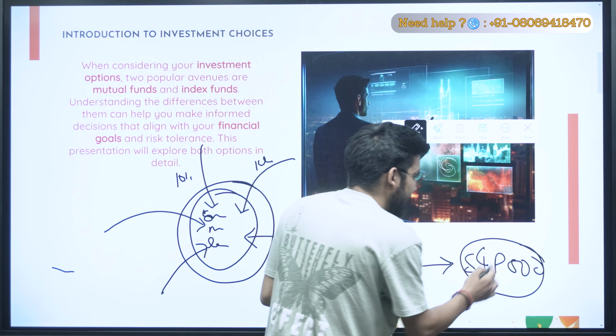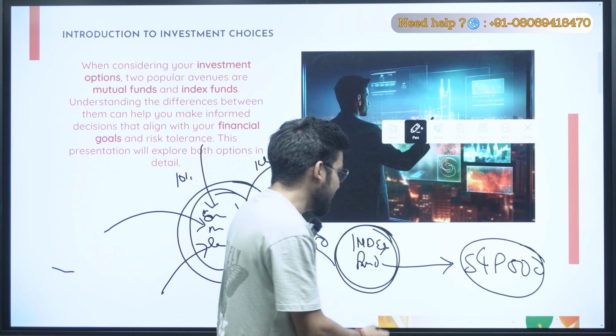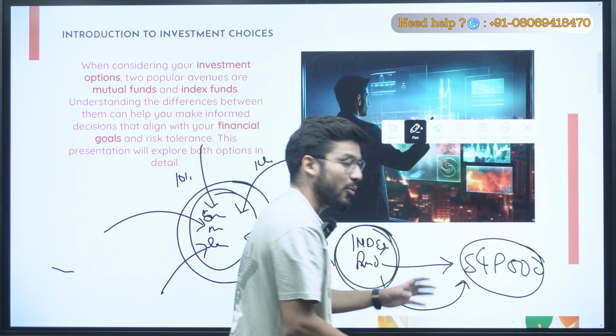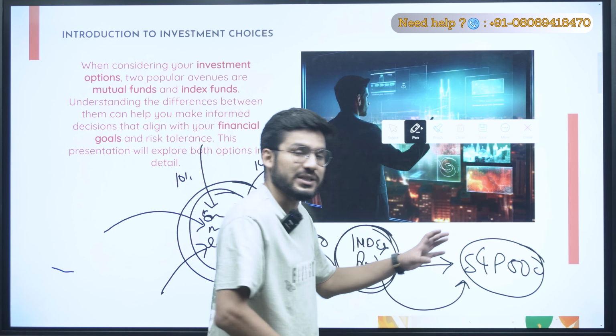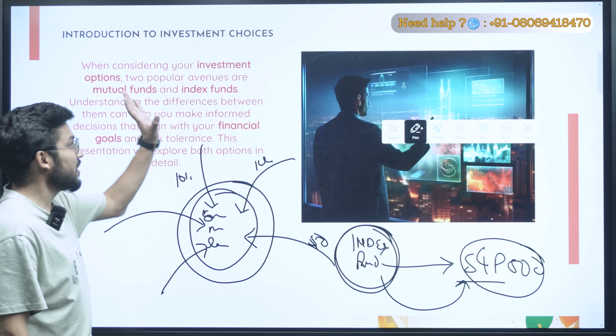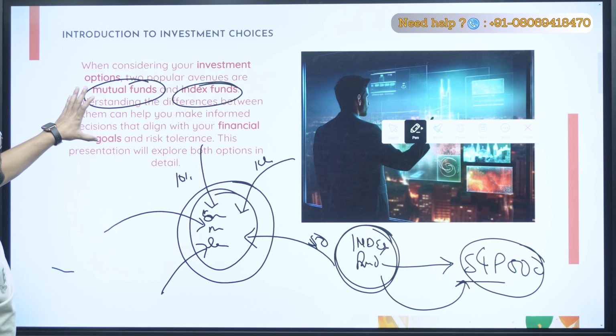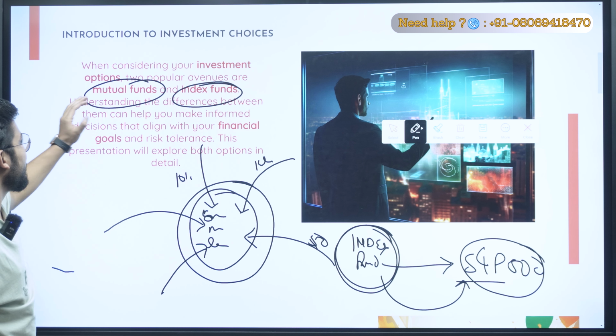So they will just replicate. For example, if it is giving a good result, if it is in the uptrend, they will also replicate its performance. They will go with the stocks that it consists of and that are giving good returns overall. So that is the main difference between the mutual fund and index fund. The definition is also written here: mutual fund and index fund, understanding the difference.